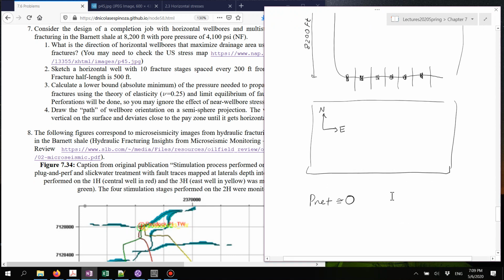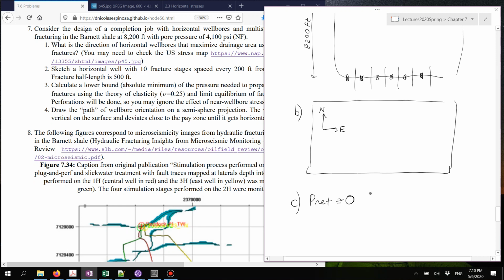Okay, so in C, I'm asking for the minimum value of the pressure for this fracture to propagate or to open. And that means a value for which the net pressure is going to be equal to more or less 0.